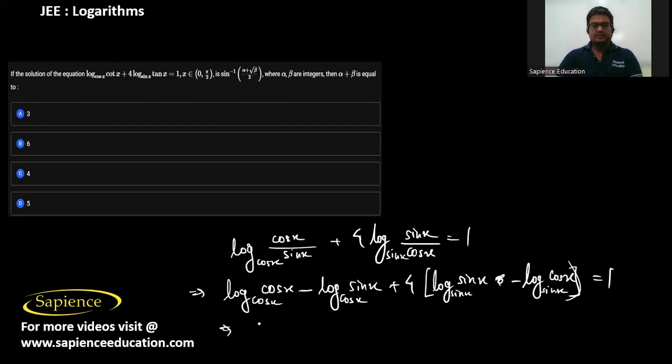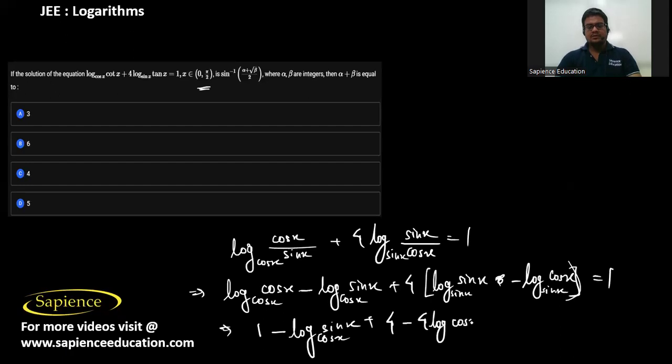So this will be 1 only, since x is not pi by 2. So cos x will not be 0 and sin x also will not be 0, since here 0 is not included. So this will be 1 minus log sin x base cos x plus 4 minus 4 log cos x base sin x, that is equal to 1.